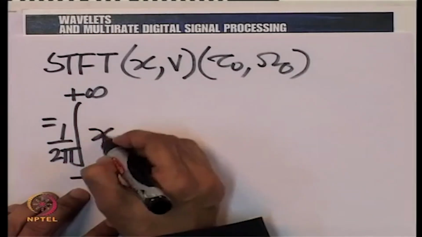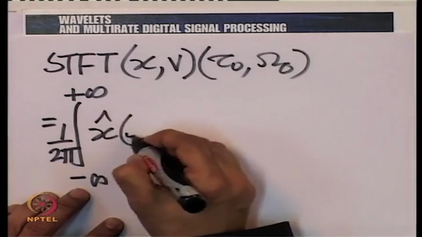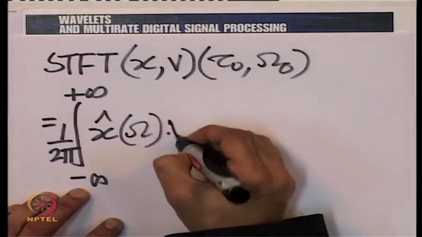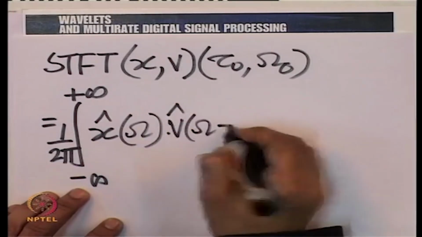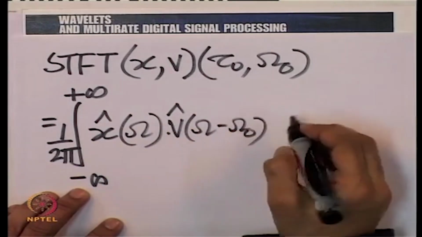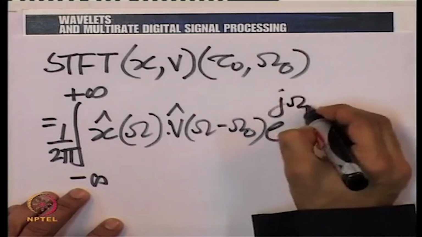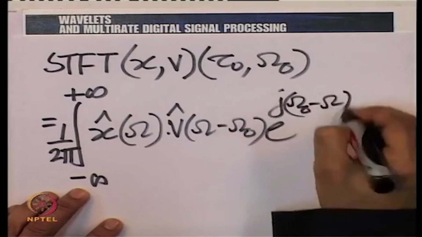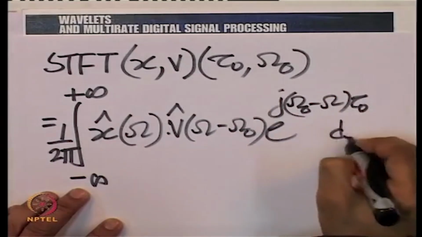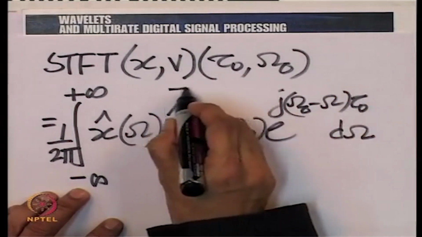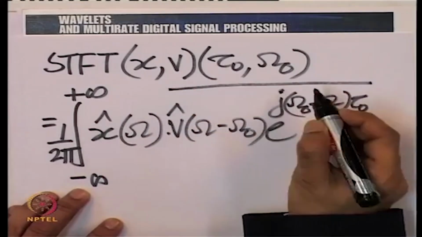So, it is X(capital omega) V cap (omega minus omega naught) e raised to the power j omega naught minus omega times tau naught d omega, with this all complex conjugated.